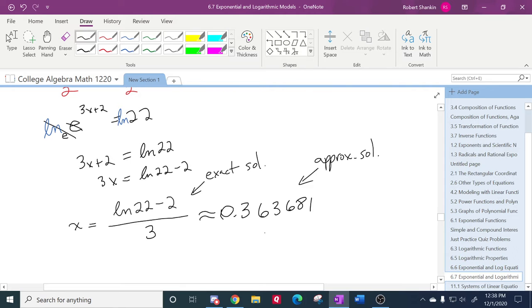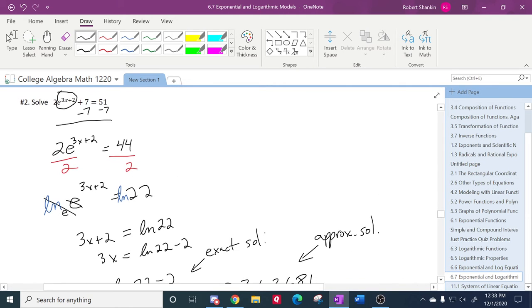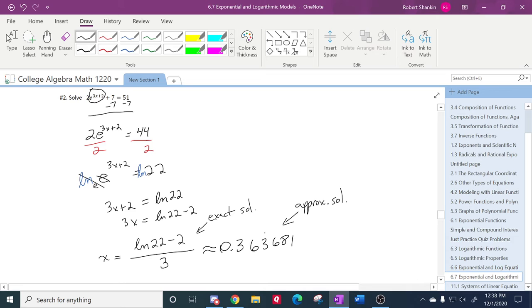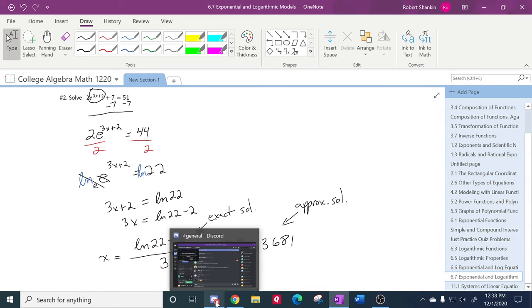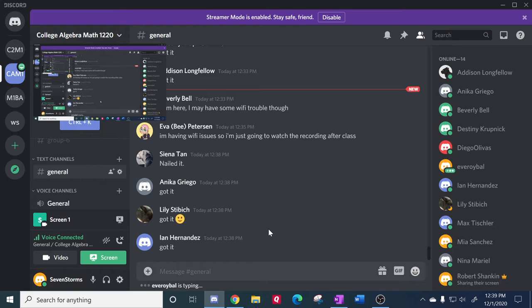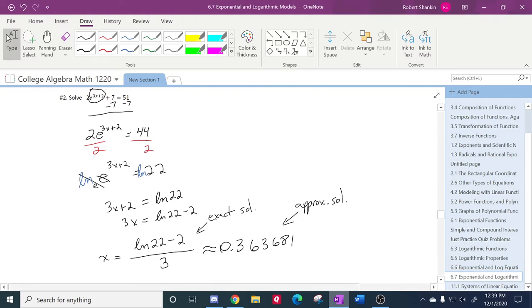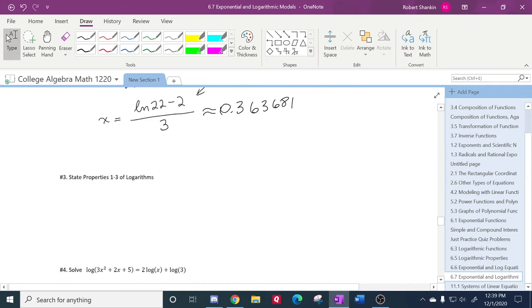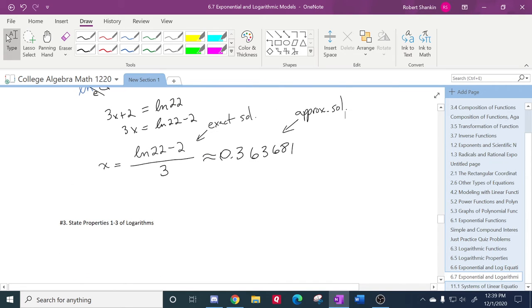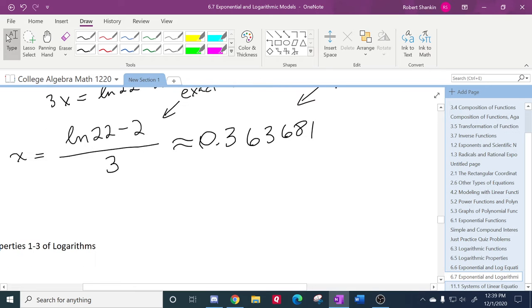Alright, give me a little feedback on number 2. State the properties 1 through 3 of logarithms.